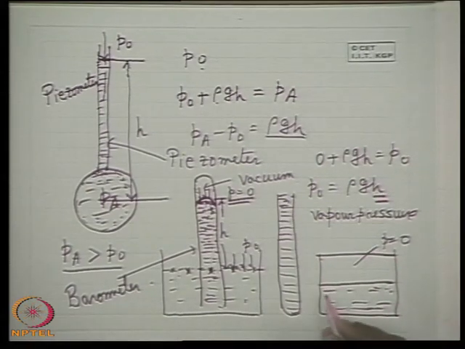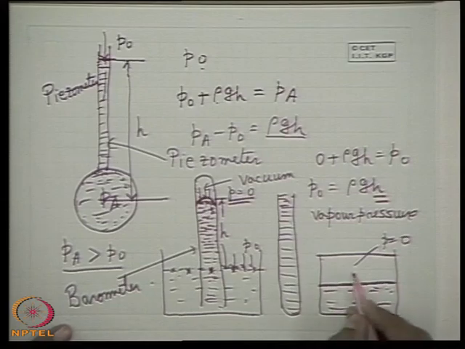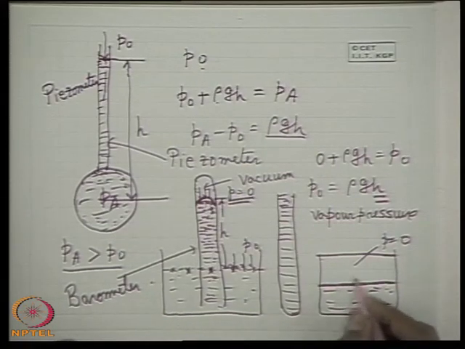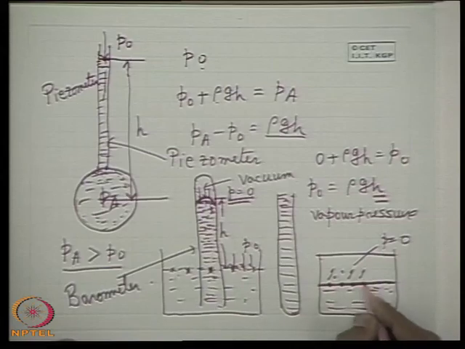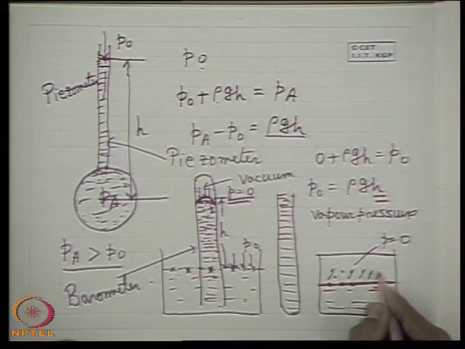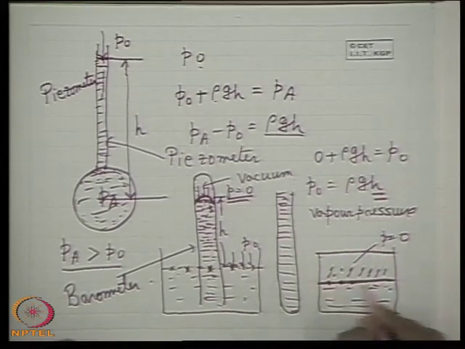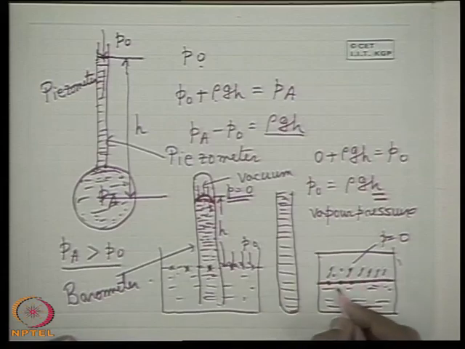Now what happens? A free surface of the liquid, either in contact with any other gas or vacuum, will start evaporating. That means liquid molecules start converting into gas molecules, and they move away from the liquid surface. Being detached from the liquid surface, they come into this empty space as vapor molecules, that means the vapor of this liquid.